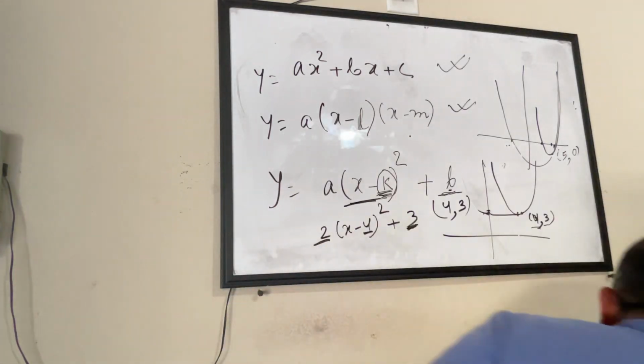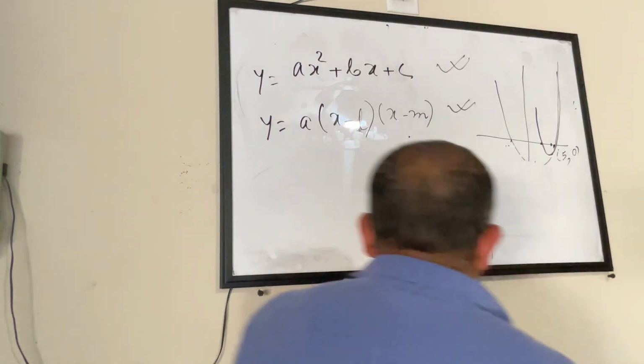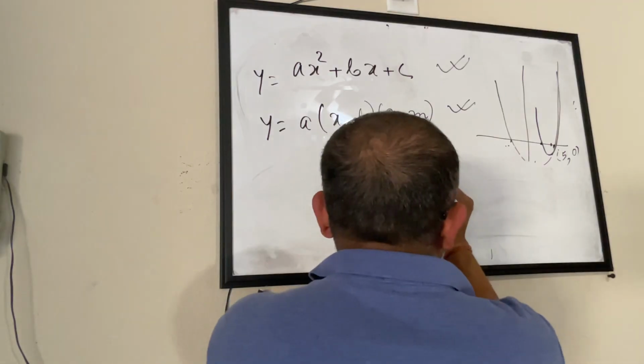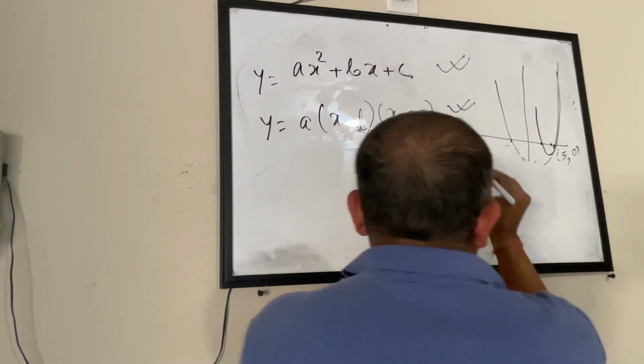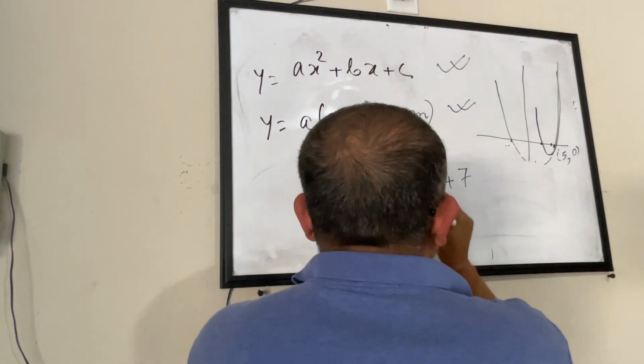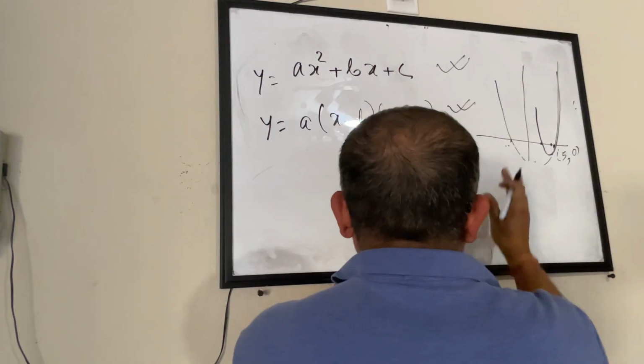So let's say you have an equation like 2x squared plus 8x plus 7.